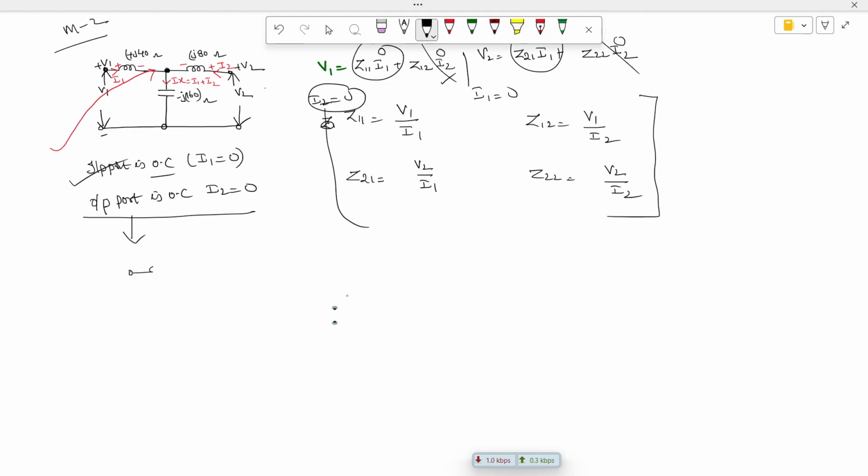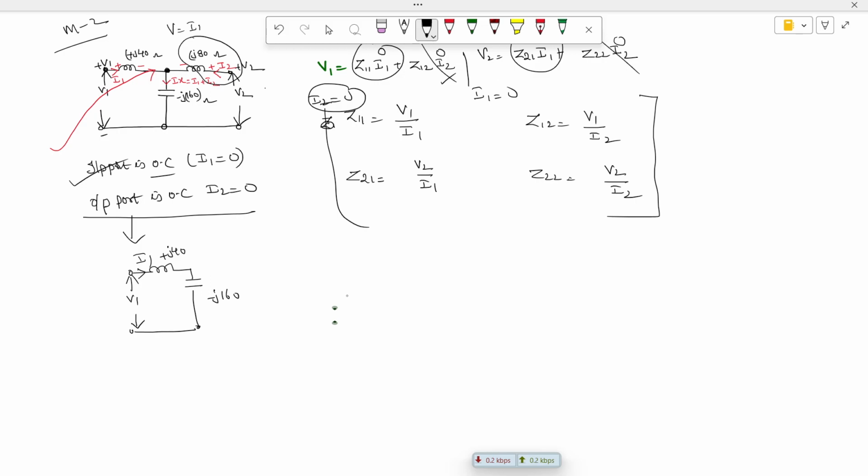This is the inductance, this is the capacitance, and a current I1 is flowing, excited with a voltage of V1. This is plus j40 and this is minus j160. Here you can see the current I2 becomes 0. What is the drop here?